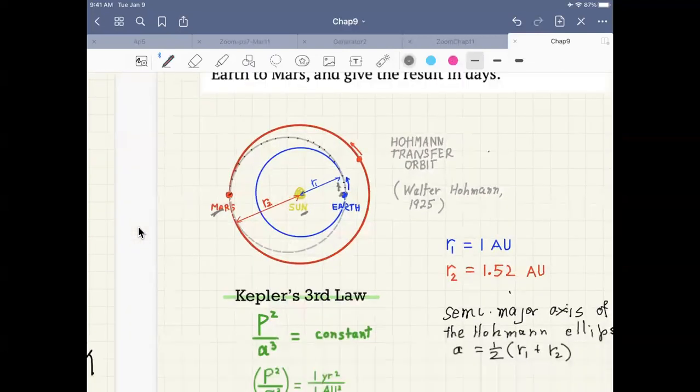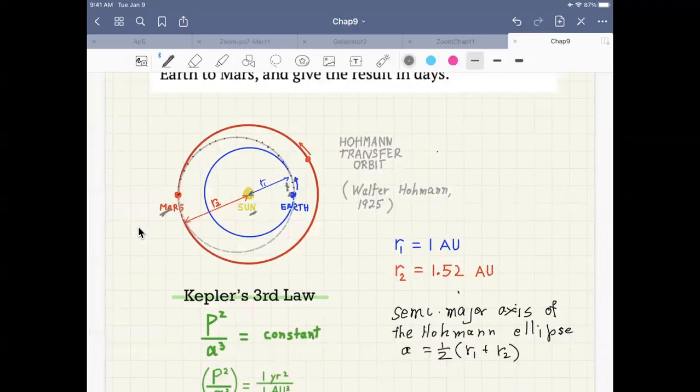So you see, as the satellite travels from Earth to Mars, traveling in orbit around the sun, it goes from a distance r1, which is the nearest it comes to the sun, to a distance r2, which is the farthest away it'll reach from the sun. You want r1, that's the perihelion, to be the distance from the sun to the Earth. You want r2, that's the largest distance, or the aphelion, to be the distance from the sun to Mars.